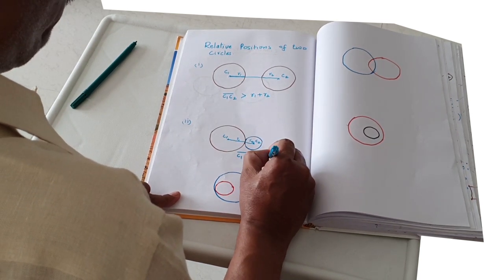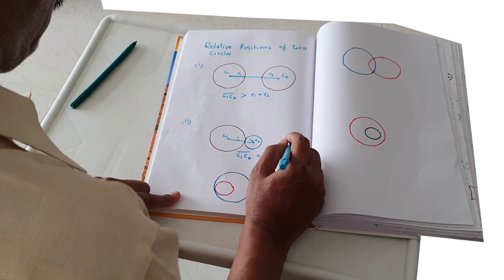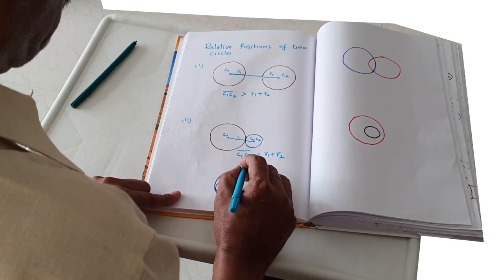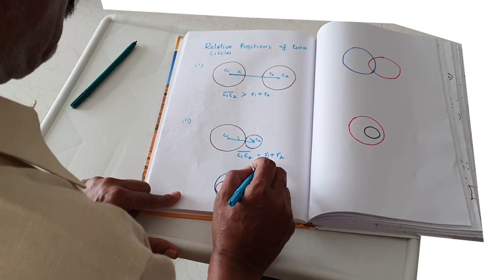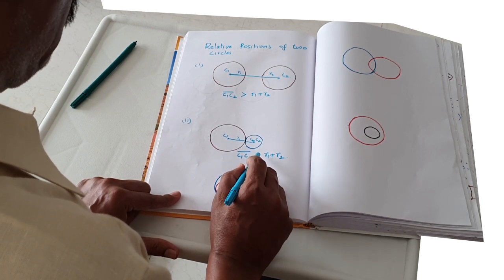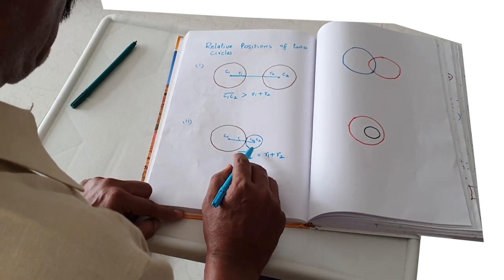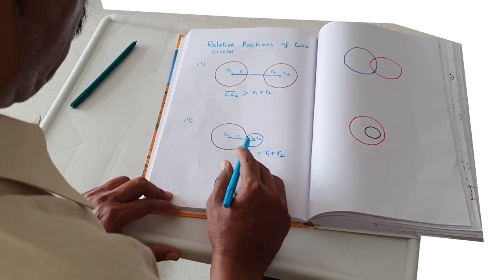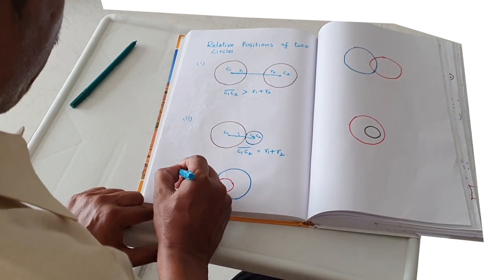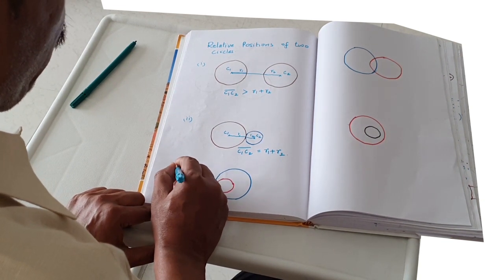So when C1 C2, the distance between the two centers, is equal to the sum of the radii, those two circles touch each other externally.